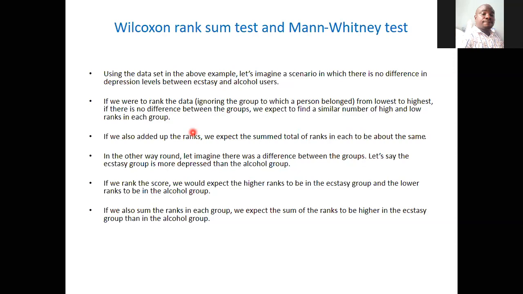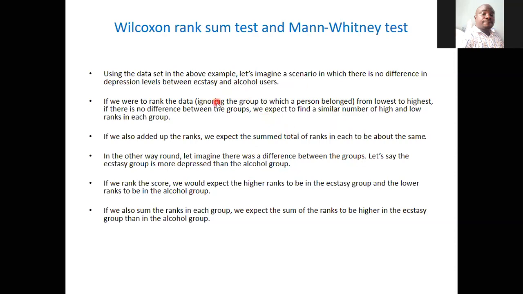When you rank, first of all, ignore the group to which a person belongs, from lowest to highest. If you rank, you start with 1. The smallest will be 1, then 2, and so on. You first of all rank all of them. Like in this case now, there are 20: 10 use drug, 10 use alcohol. So you rank from the smallest score to the highest, irrespective of which group you belong to.